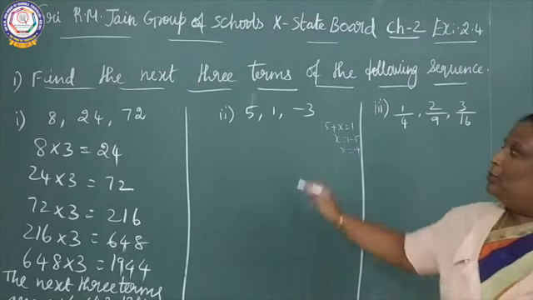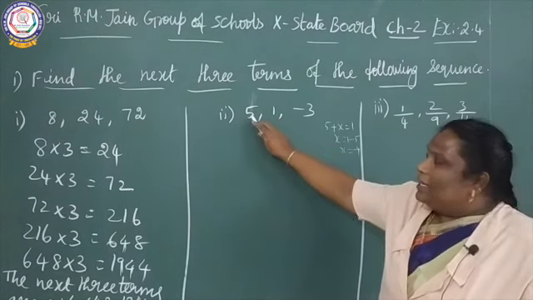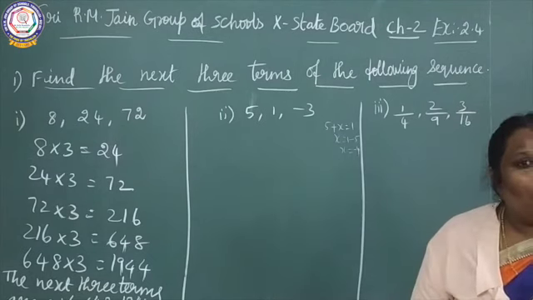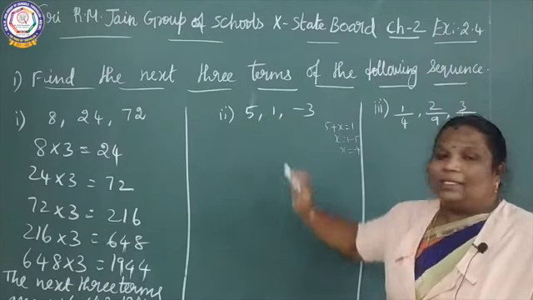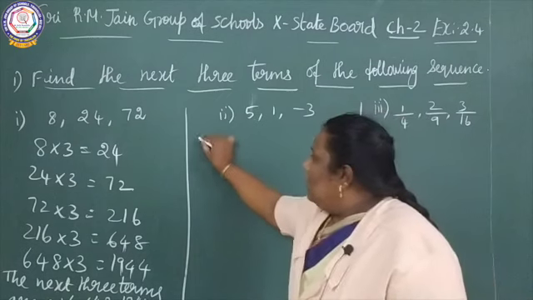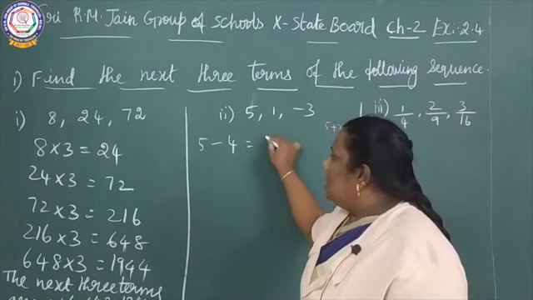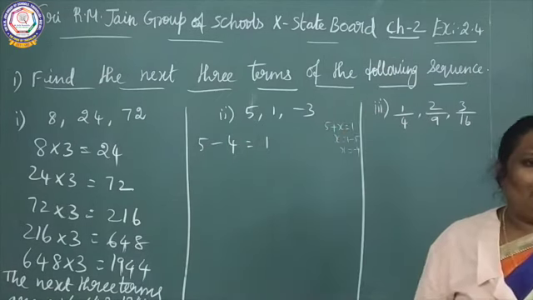Minus 4. So 1 minus 5 is minus 4. See here, 5 minus 4 equal to 1.